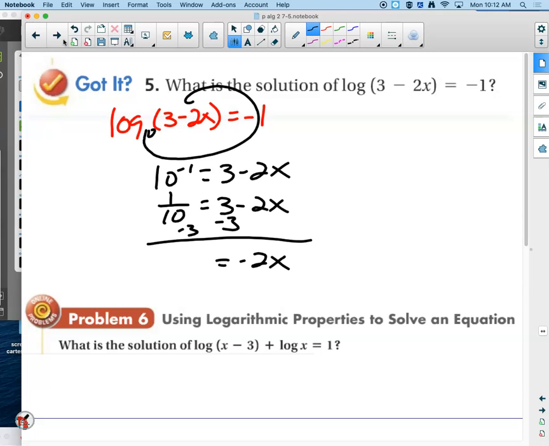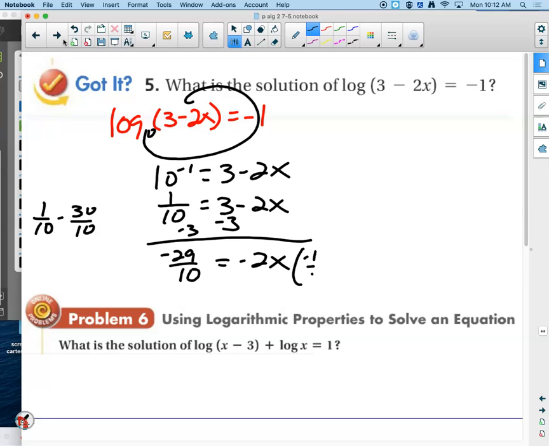So now I'm going to do the whole common denominator thing, but again, you could do this in your calculator and get your answer. But we've got 1/10 minus 30/10, because that's what 3 would be, and that's going to give us negative 29/10. And because I have a fraction over there, I'd probably multiply by the reciprocal instead of dividing by negative 2.